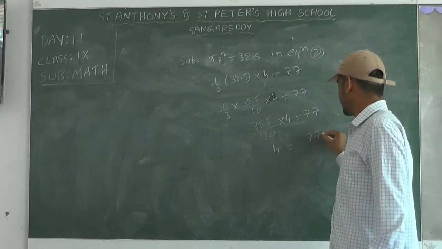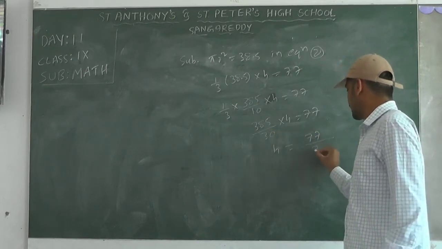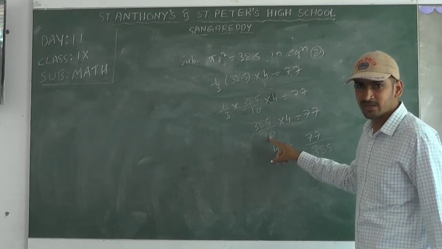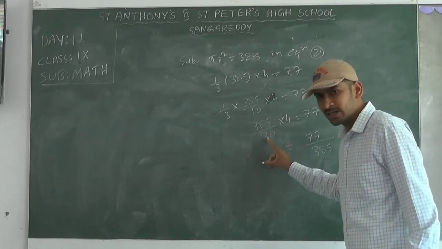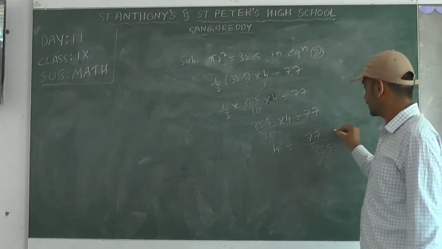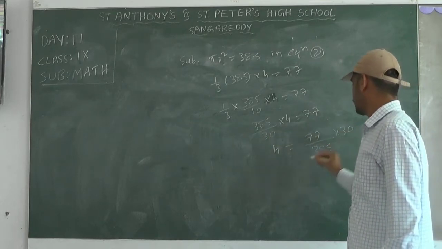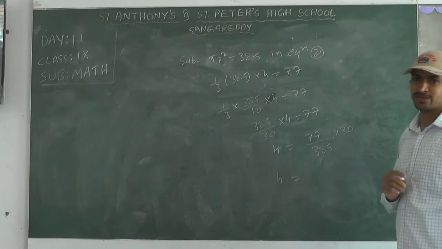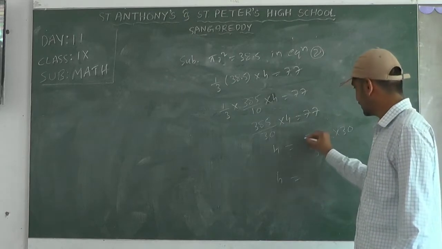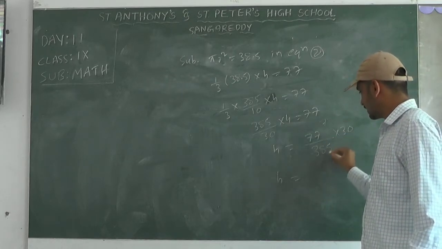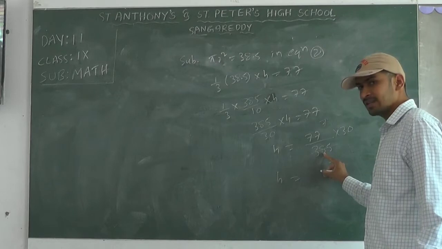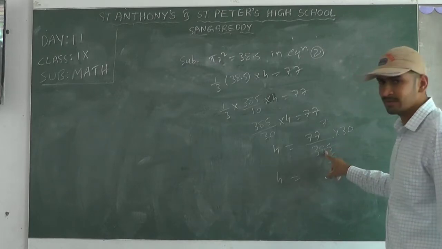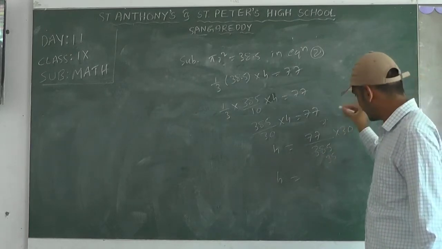So 77 by 385, and 30 was a multiplication in the denominator, so it becomes a numerator. That is 30. Now check for cancellation. Is there any cancellation? First I want to check with the 11 table. 11 sevens are 77, 11 threes are 33, still 5, 55. 11 fives are 55. Okay, next the 7 table.